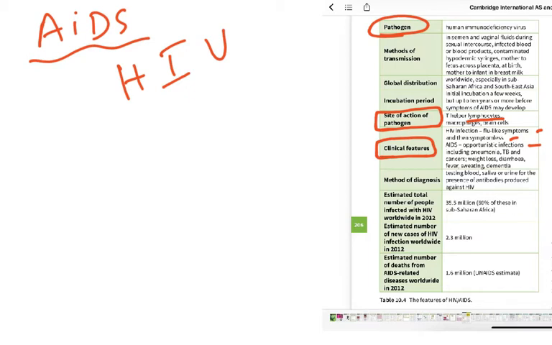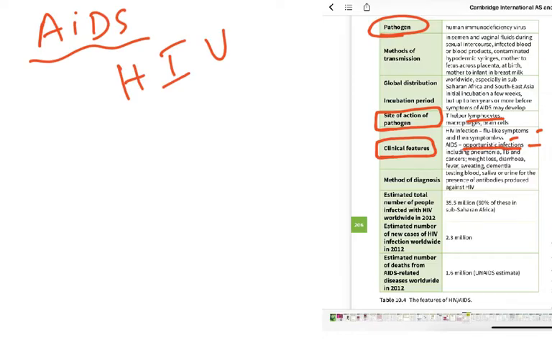So if the lymphocytes are destroyed, you don't have an immune system functioning. When your immune system is compromised, then you're going to suffer from opportunistic infections. Opportunistic infection means that your immunity is non-existent, and now pathogens have invaded and have taken over.